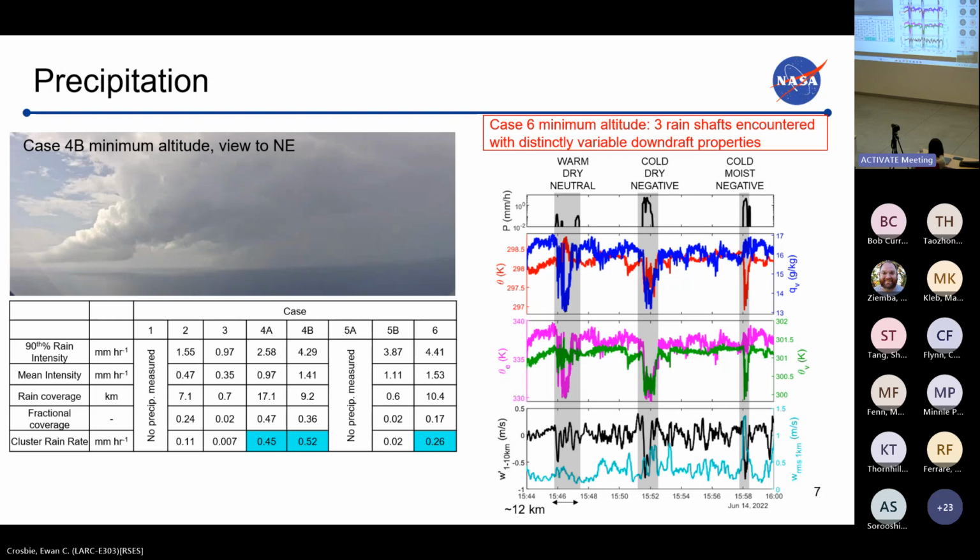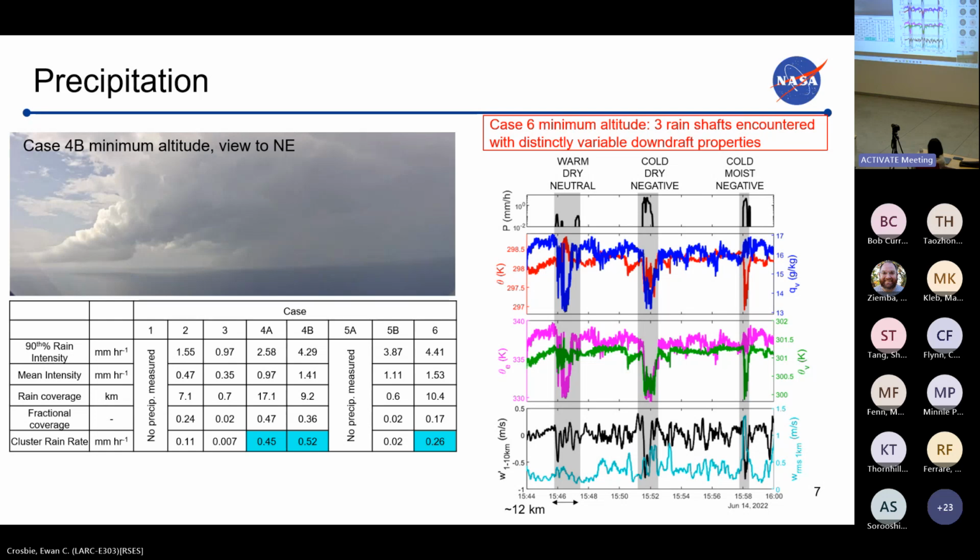It's actually neutrally buoyant with respect to its surroundings, but it's bringing dry air down from aloft. The middle one is the typical cold pool situation you'd expect from deeper clouds, where you're bringing low theta E air down, but in this case it's evaporating more of the rainwater, so you're actually getting the cold anomaly.